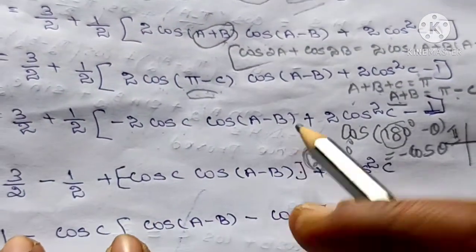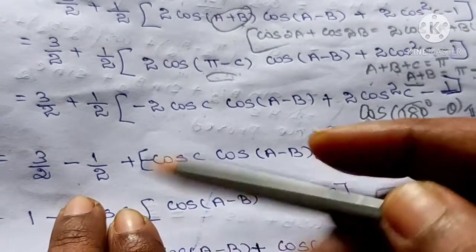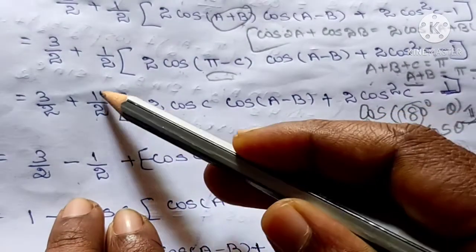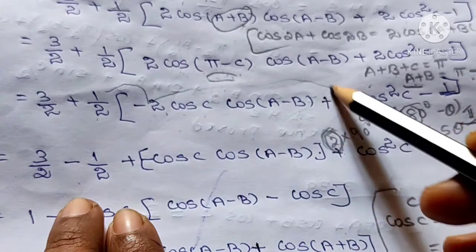Okay, the next line. So, 3 by 2. Now, we take 1 by 2 inside. Multiply each term by 1 by 2.